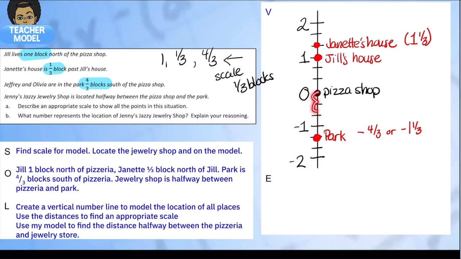So halfway would just be here at the 2/3 mark. So here's our jewelry shop, and it's halfway. You heard me count. So we'll be at -2/3.